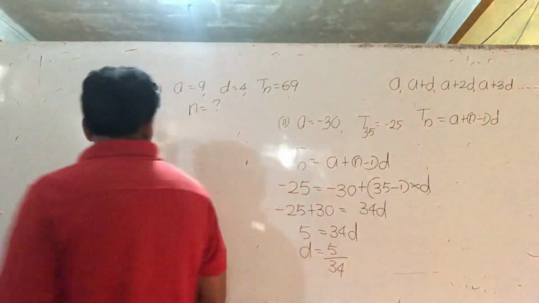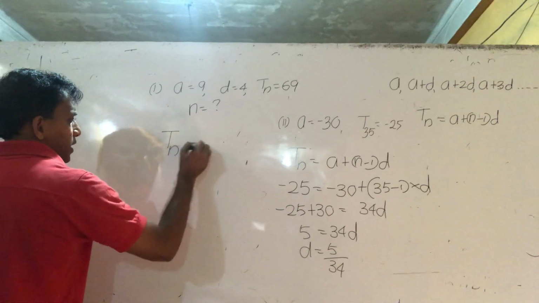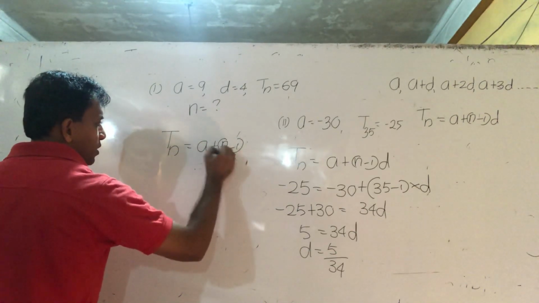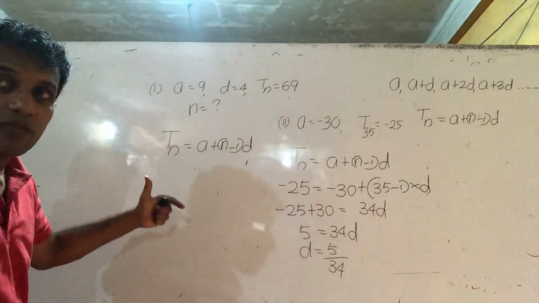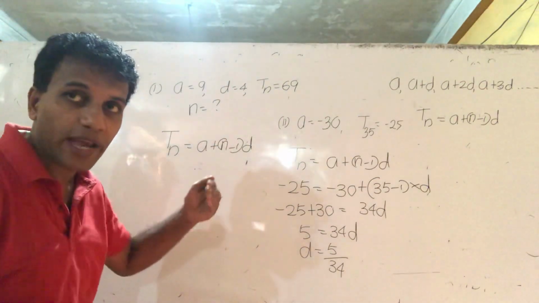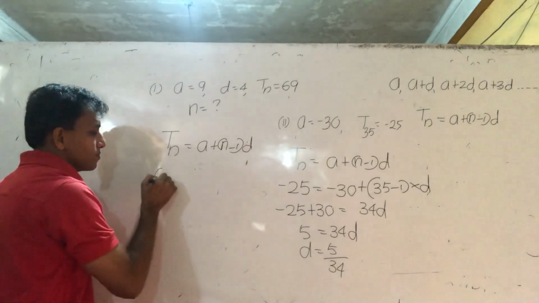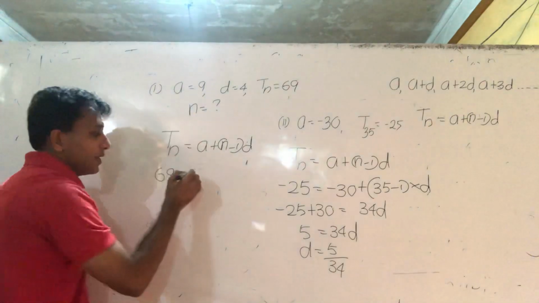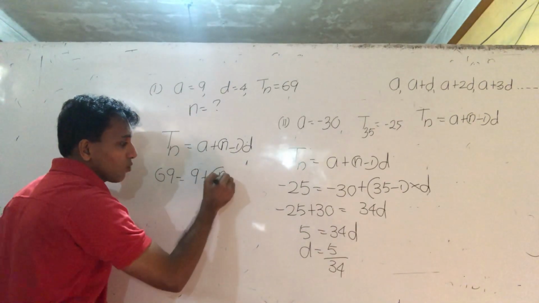See the method. So once again write the formula. Tn equals A plus n minus 1 into D. Here apply everything. One term is missing. What is that? N is absent. Find the N value. So Tn is 69, A is 9, N is missing, which we will calculate.